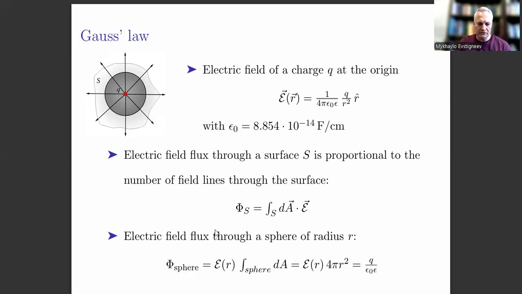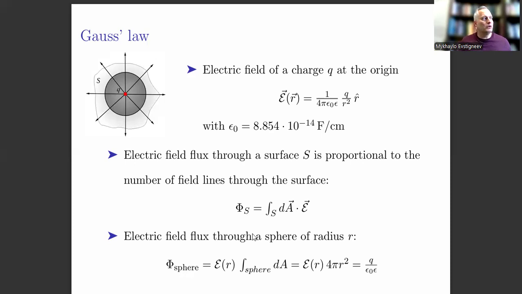For this choice of the Gaussian surface, since the electric field is constant everywhere, and dA dot E vector is the same as dA scalar multiplied with E scalar, you can take the electric field outside of the integral. It is constant everywhere. And all you need to do is to take the surface integral over the area of the sphere.